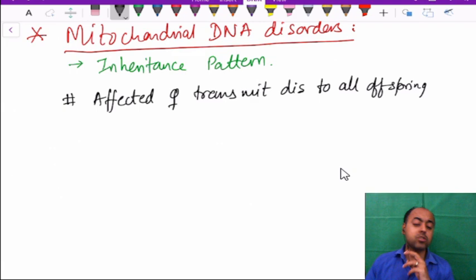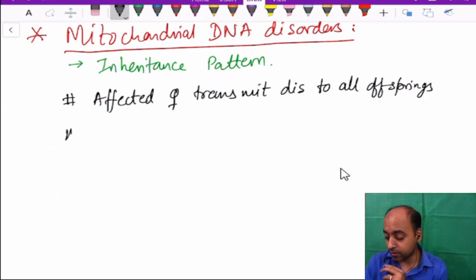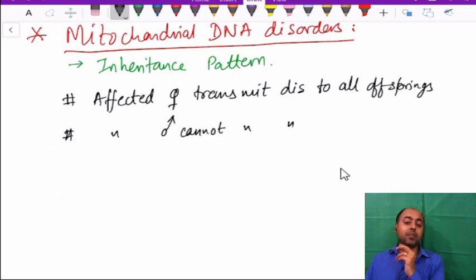If the mother has the defective mitochondria, all the offsprings are going to get the defective mitochondria. The affected male cannot transmit the disease. The male is not transmitting the mitochondria, so how can he transmit the mitochondrial DNA disorder? So these are the two important points of inheritance pattern. Affected female will transmit disease to all offsprings. Affected male cannot transmit the disease at all.